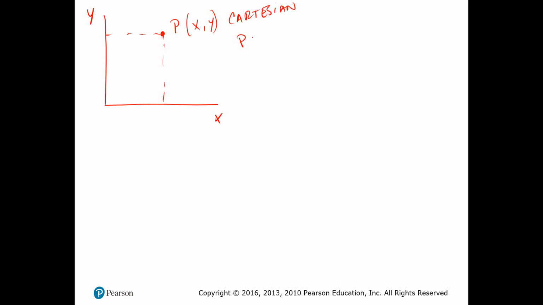But you also have to know that you can place the same point in terms of polar coordinates, which is given by the distance from the origin to the point, that we always call r, or the radius, and we also have the angle. So the same point can be defined as (r, theta).